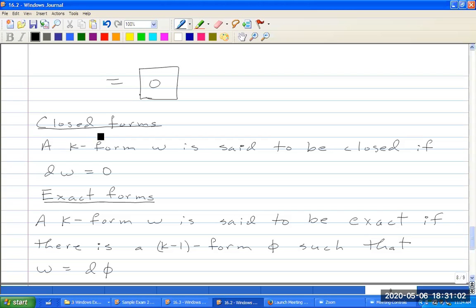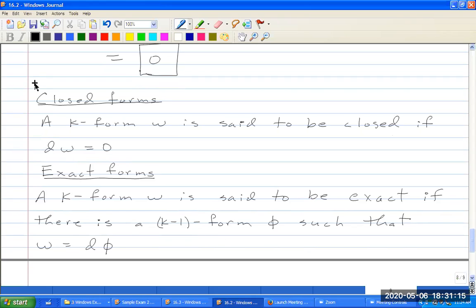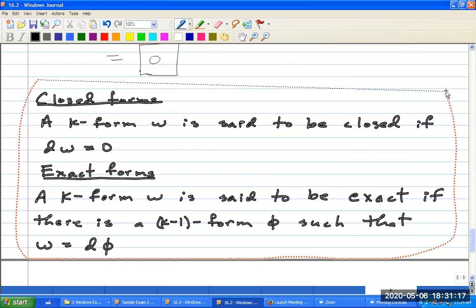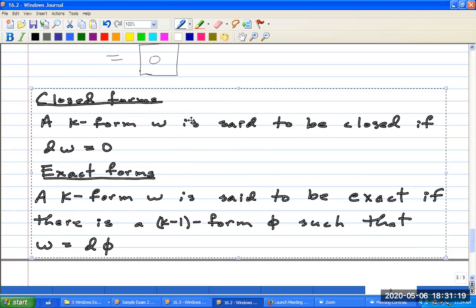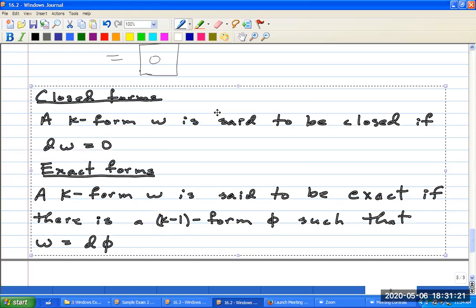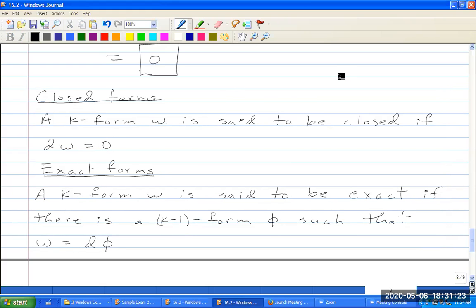A k-form omega is said to be closed if the exterior derivative of omega is 0. Exact forms. A k-form omega is said to be exact if there is a (k-1)-form phi such that omega equals d phi.